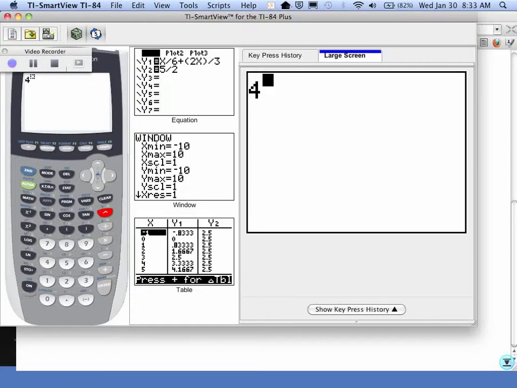Did I raise it to the 3 over 2 power? When I do mine, I don't have to worry about parentheses. Get in the habit of putting that in parentheses so it raises the whole thing. And I get 8. So you should get 8. Put it in.